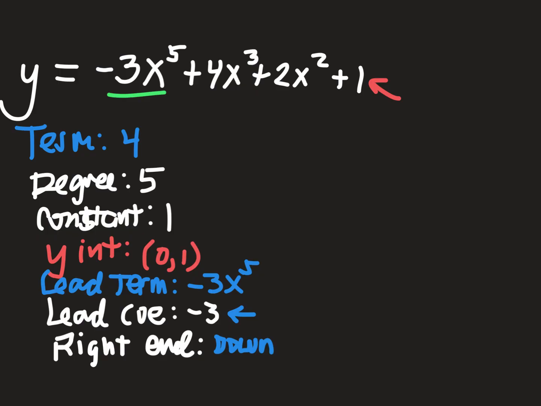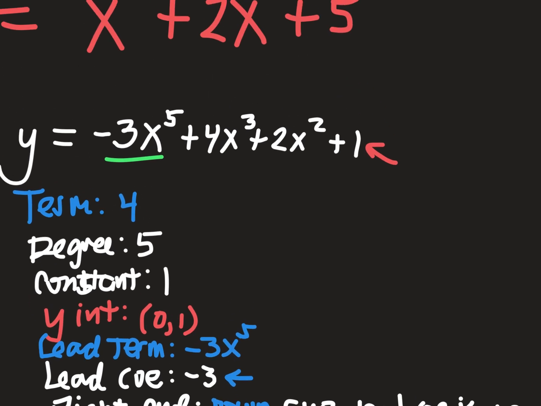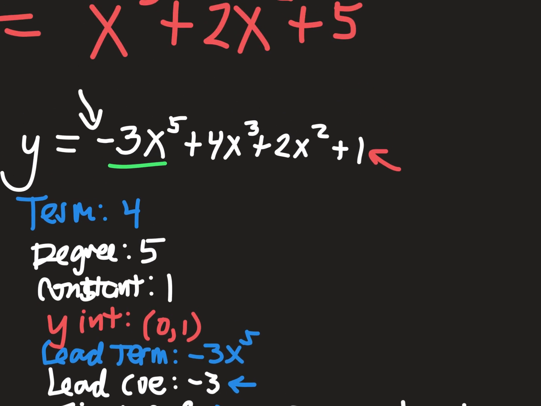It's because lead co is neg. The right end will go down because that number right there is a negative.